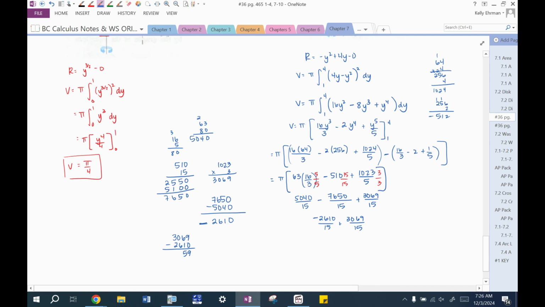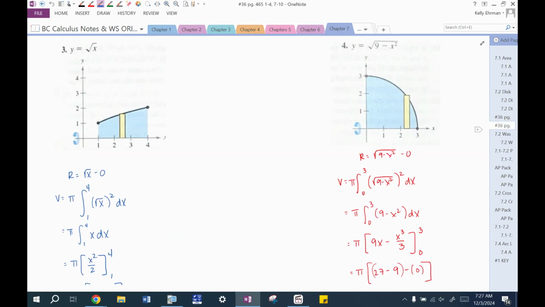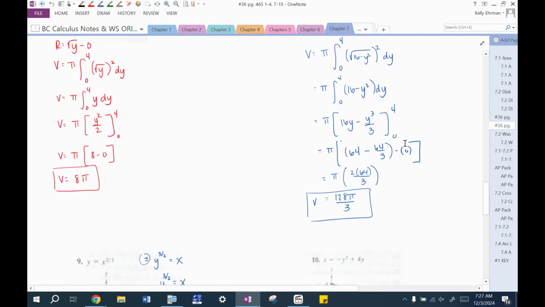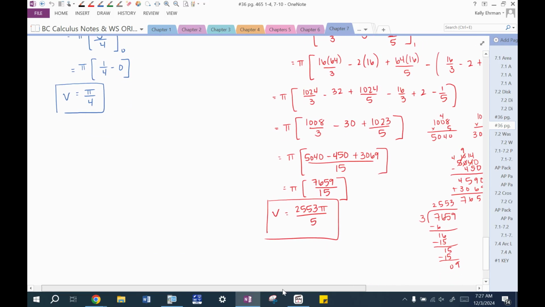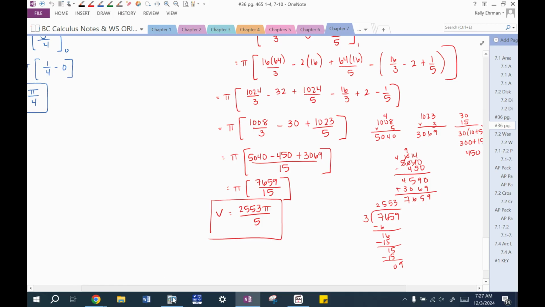Got to borrow there. That's 459 over 15. This answer does not look familiar to me. There's a pi in there too. Pi. Let's see. What did I get when I did this the first time? Oh, no. Oh, wait. Can I? Oh, no, I can't. Okay, so I got different answers.